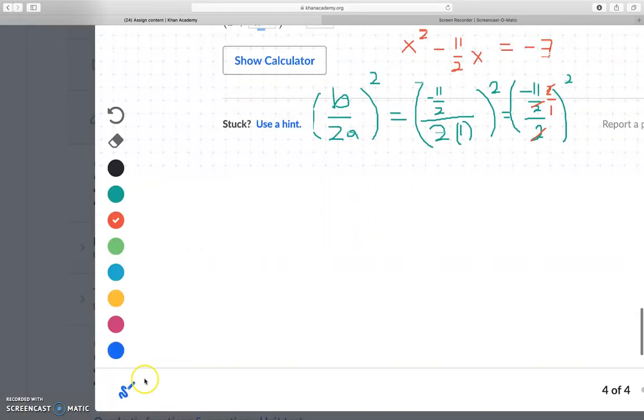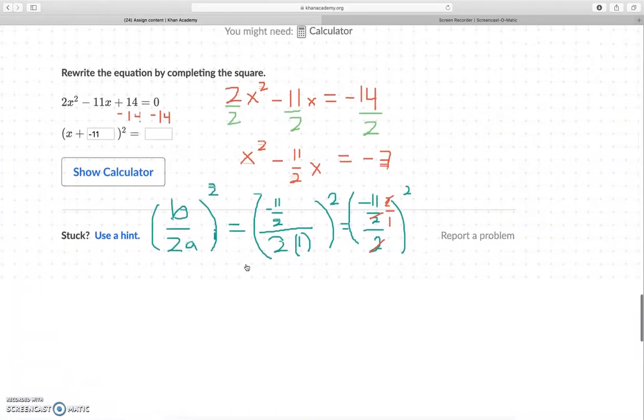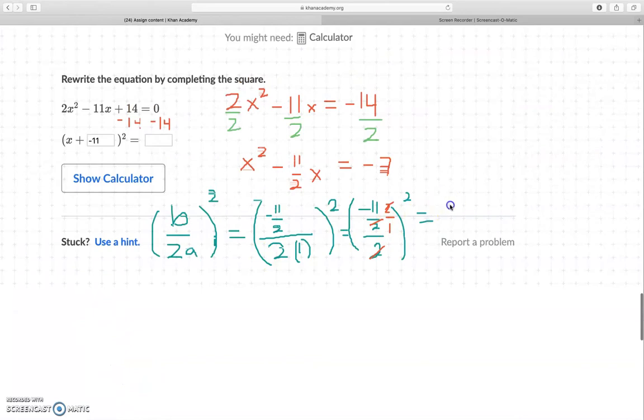Let me complete this over here. -11 to the power of 2. Okay, so remember, we just want this number in here to replace that blank. Now over here on this side, we already have a -7. It used to be -14, but remember we divided by 2, whatever's at the front, and ended up with -7.